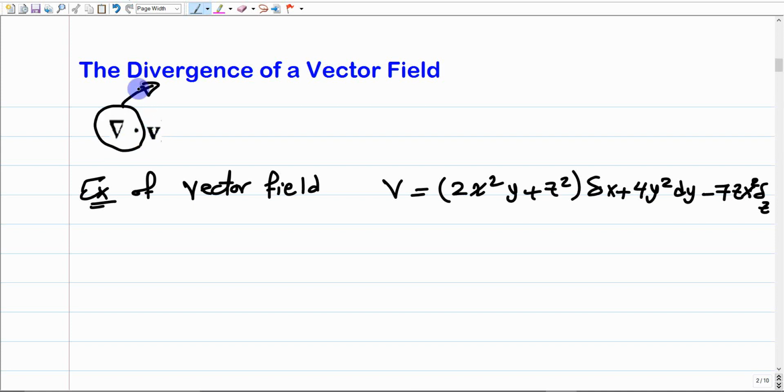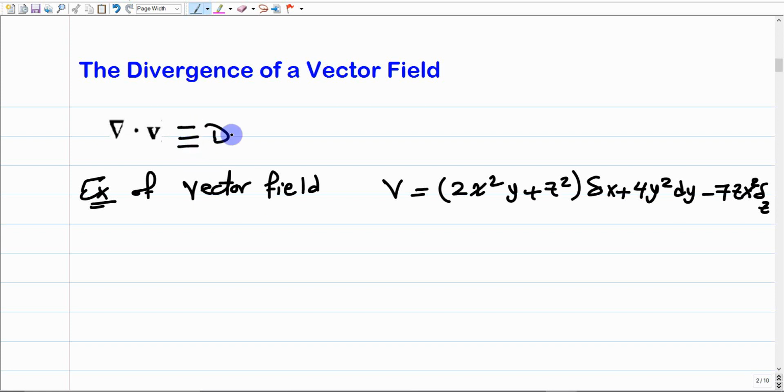So the nabla dot itself is the meaning of divergence. You got my point? The nabla dot is the divergence of something. You should keep in mind that there is no divergence for a scalar field. The divergence would be for a vector, or for a tensor. I'm going to let you know why.